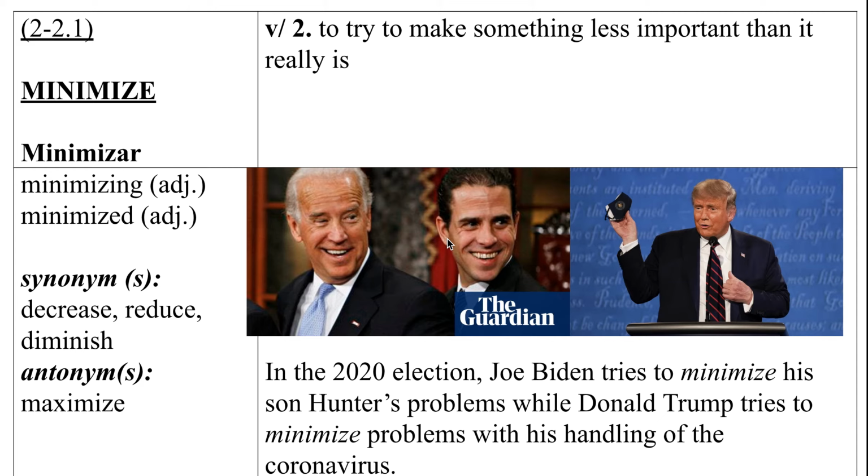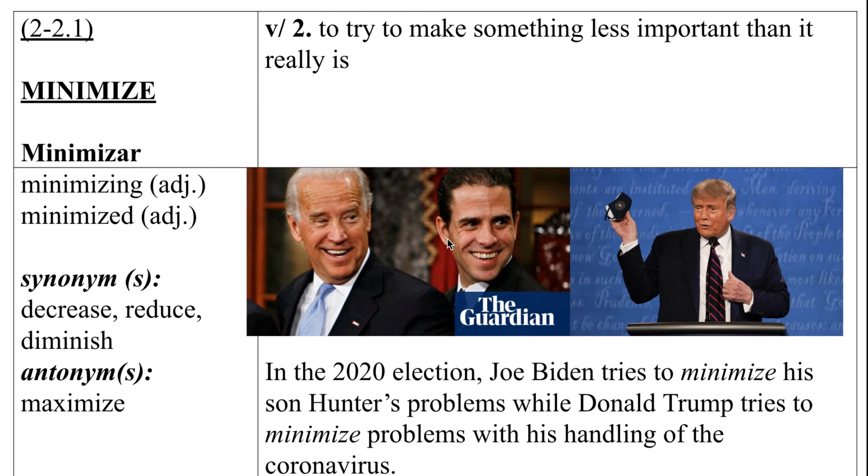So Joe Biden has, people say that there's a problem because his son Hunter did some bad things. But Joe Biden wants to minimize those problems, to say those problems are not important, make it less important than it really is. On the other hand, Donald Trump tries to minimize problems with his handling of the coronavirus. So Donald Trump keeps saying, the virus is okay, it will go away, it's fine, don't worry about it.